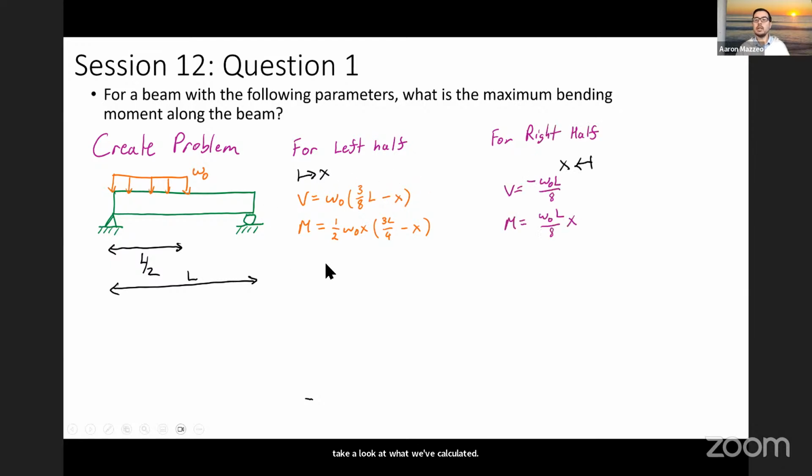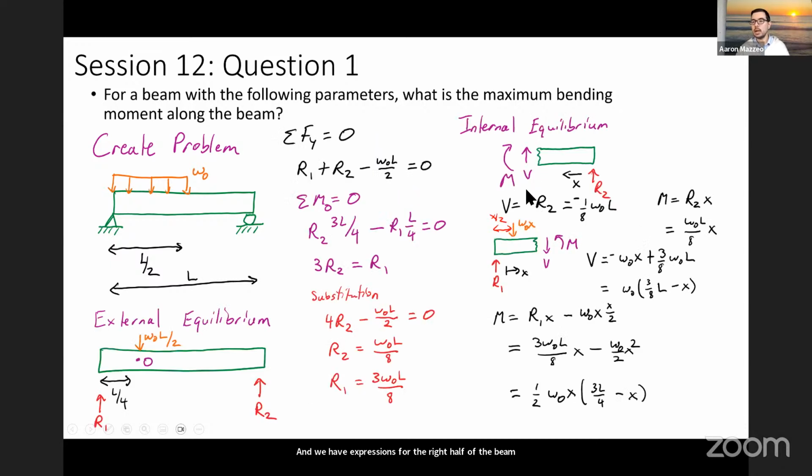We have expressions for the left half of the beam, and expressions for the right half of the beam. That might have been missed. This is the right half calculations, and this is the left half of the calculations. Good question.